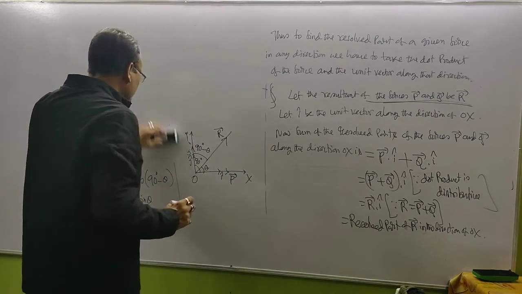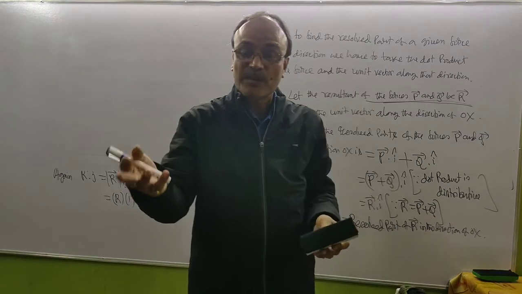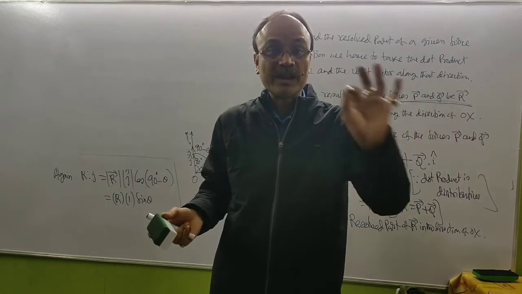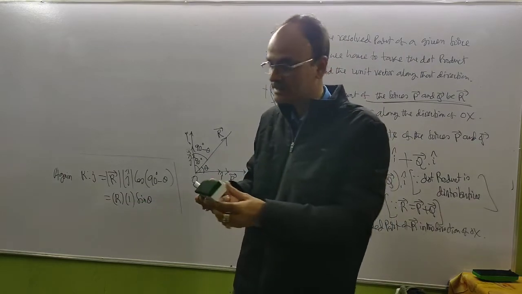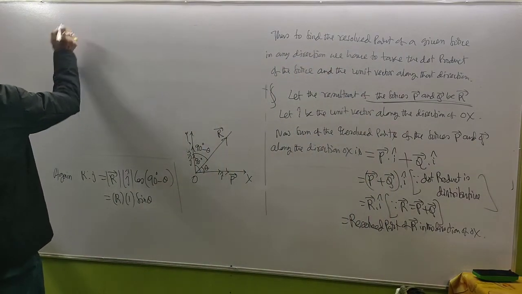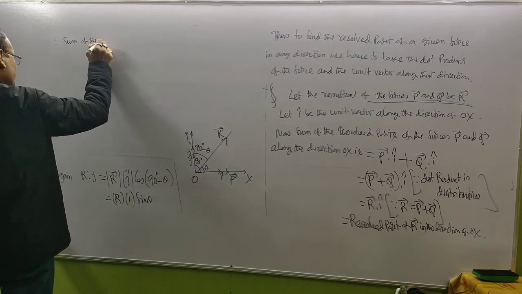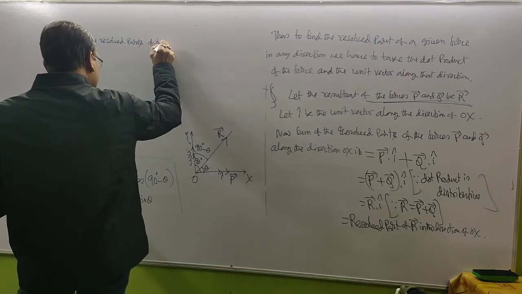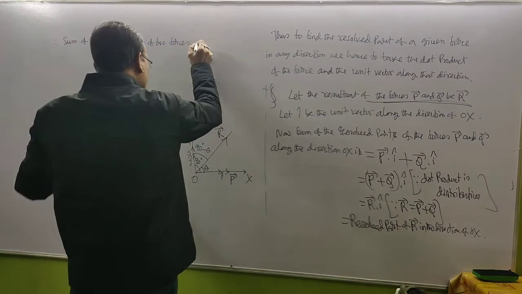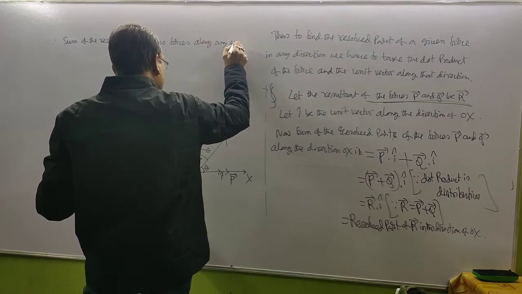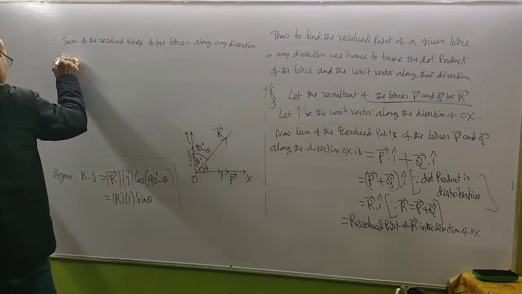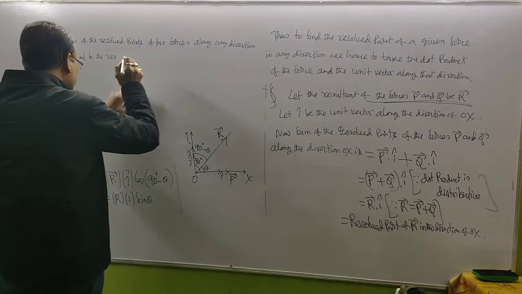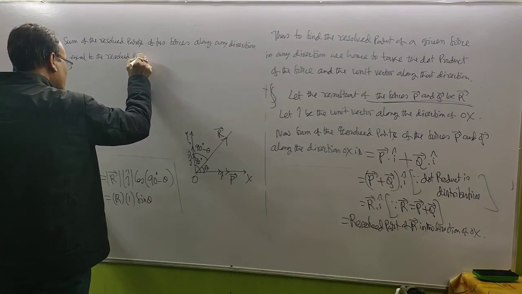What we have found from this? Sum of the resolved parts of two forces along any direction is equal to the resolved part of their resultant.